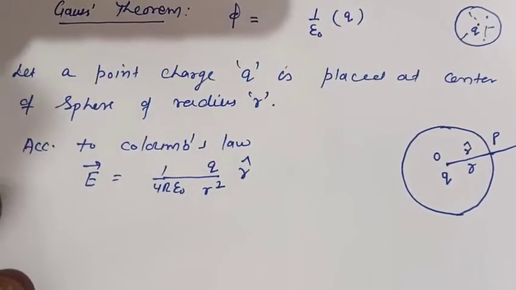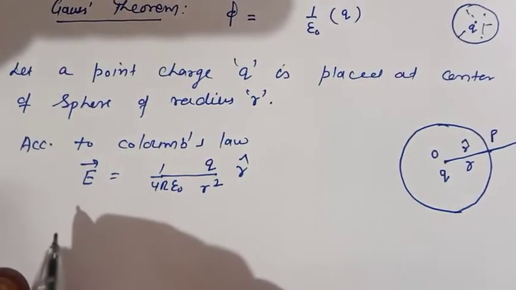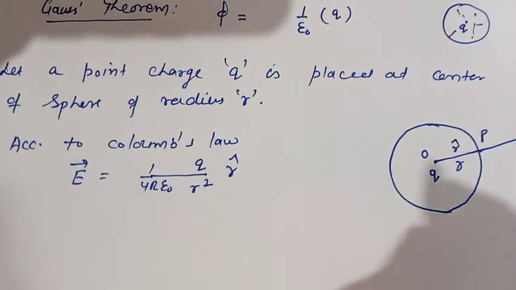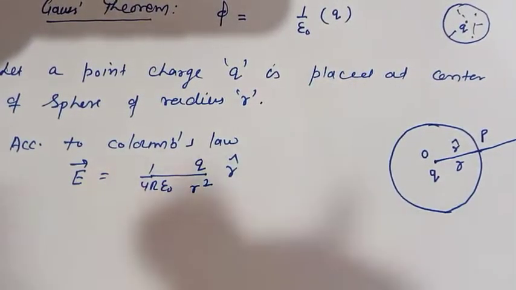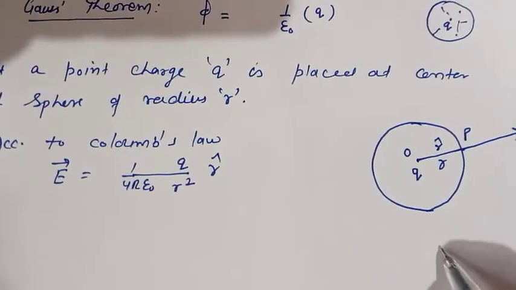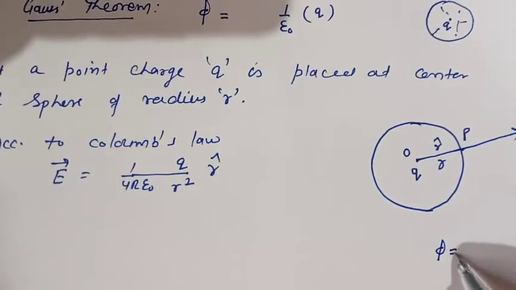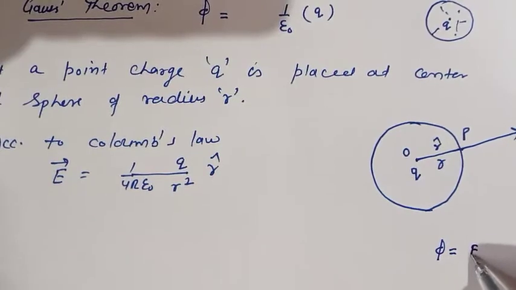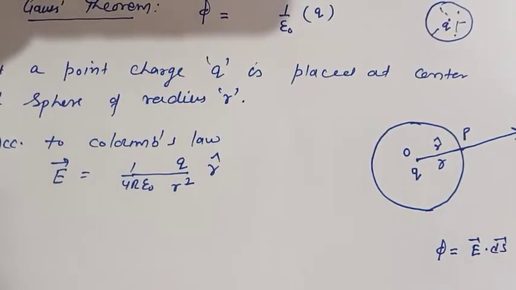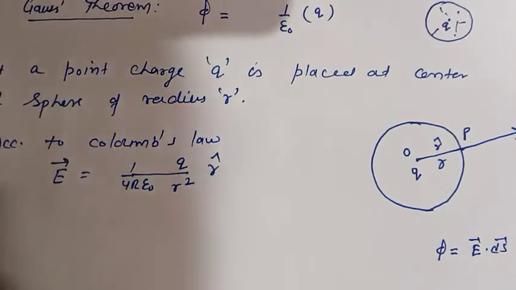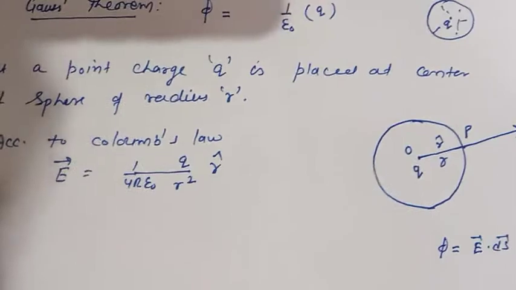Now we have to find the electric flux. So we know electric flux phi is equal to the dot product E dot ds, where ds is the area vector and E is the electric field.